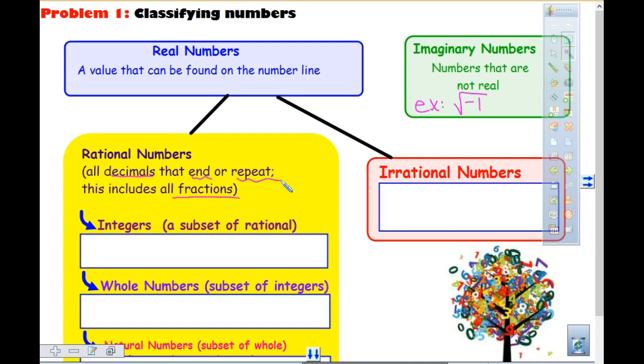When you're thinking rational numbers, fraction, all decimals that end or repeat. Now sometimes your calculator doesn't show all the numbers, right? When it's a terminating decimal, it might have a bunch of them.